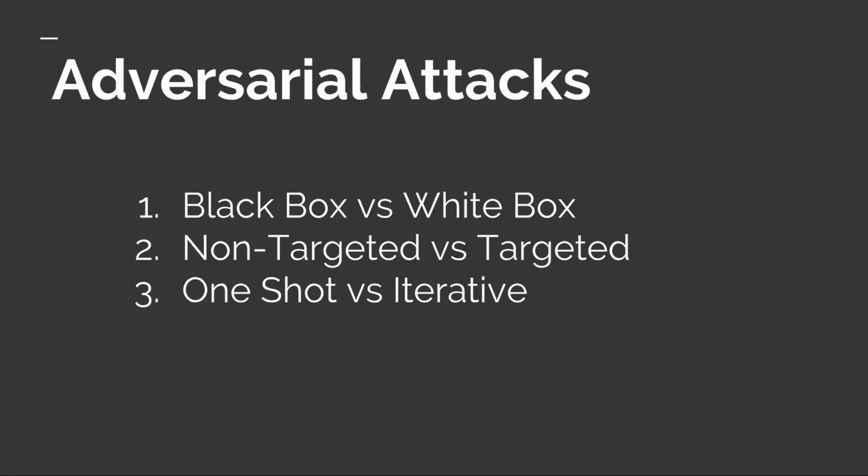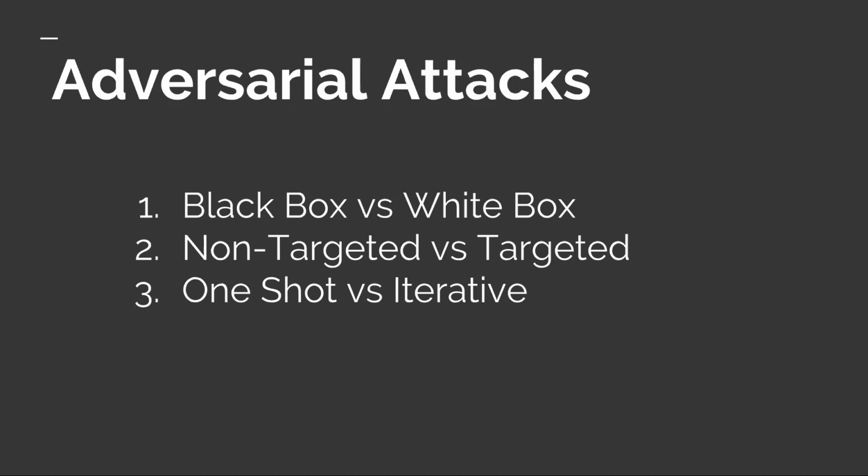The second kind of classification is targeted and non-targeted. In non-targeted attacks, what an attacker tries to accomplish is to make sure that the system fails. It doesn't really care about what the output is as long as it fails.